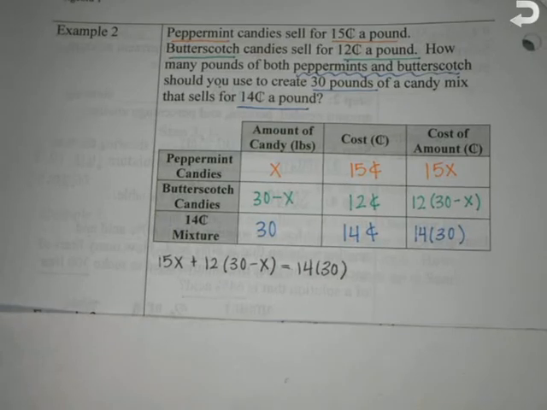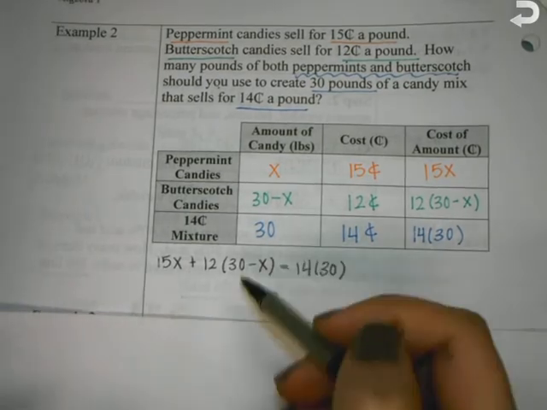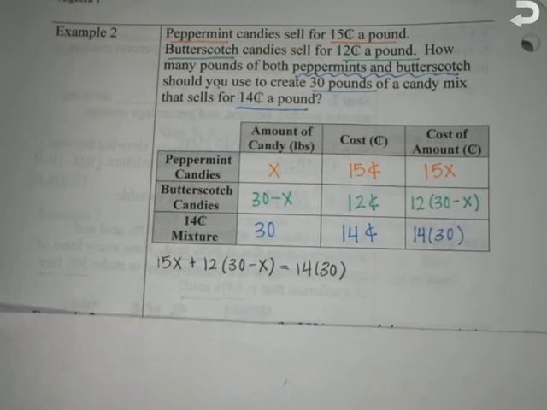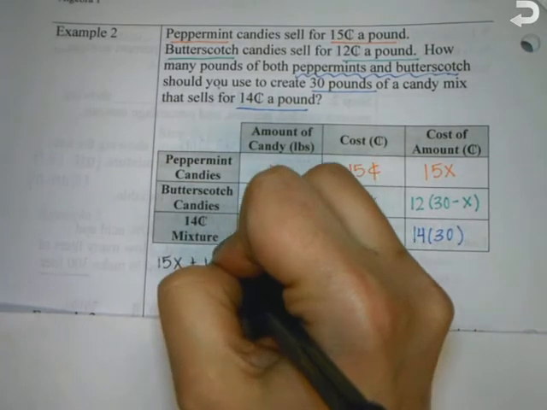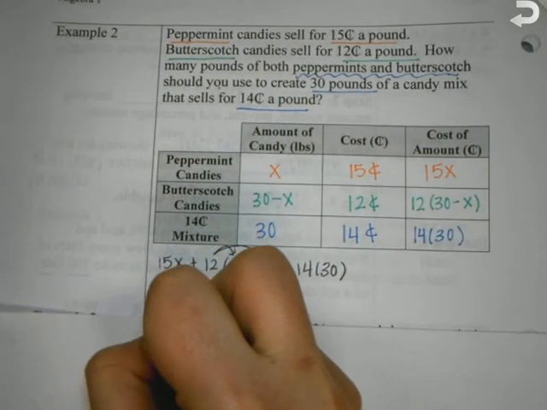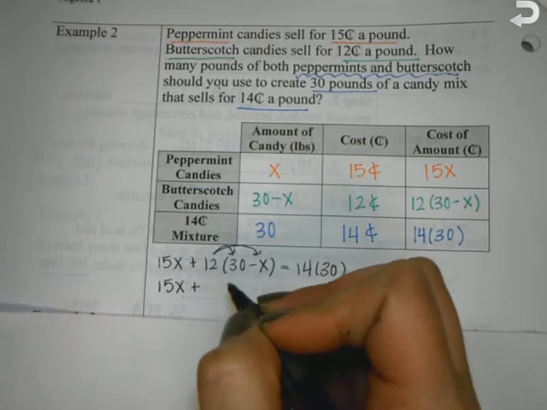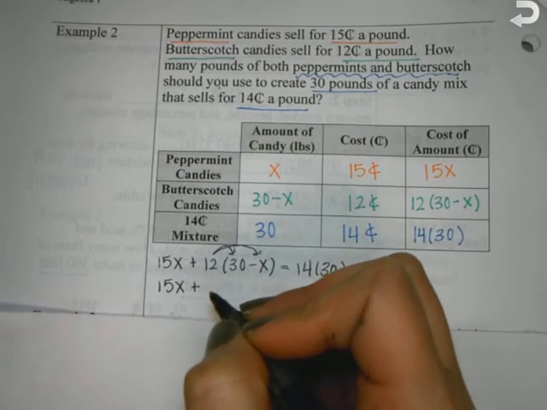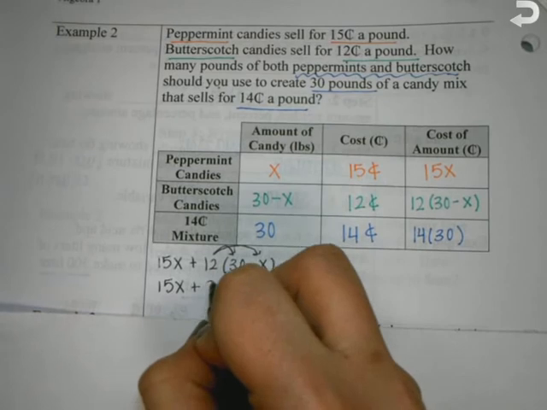I want you to solve it by yourselves. What is my first step to solving this guy? Distributive property. So let's distribute the 12. That is 15x plus 12 times 30, 360, minus 12x equals 14 times 30.